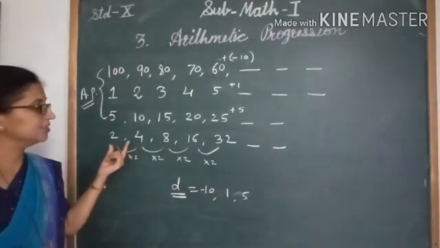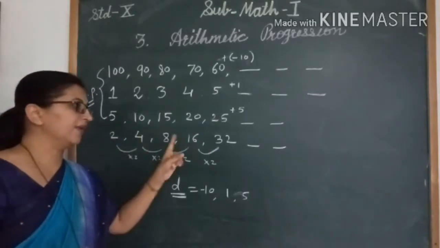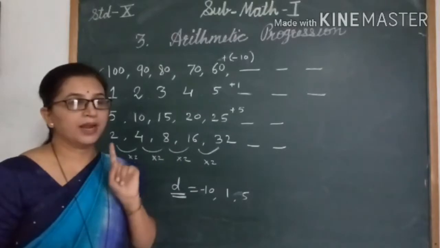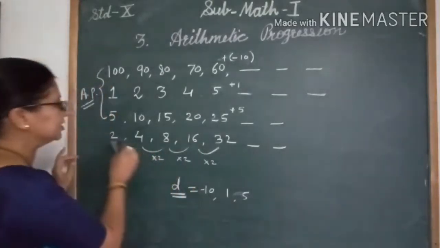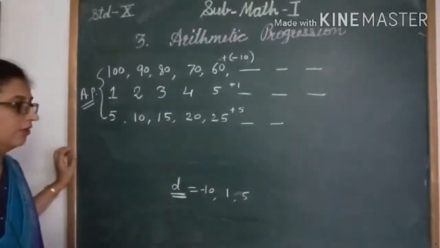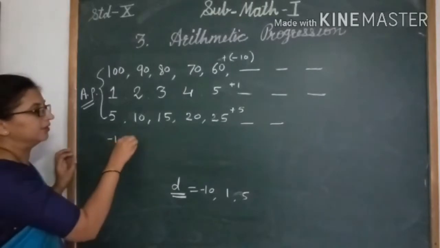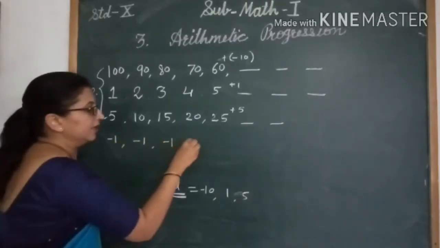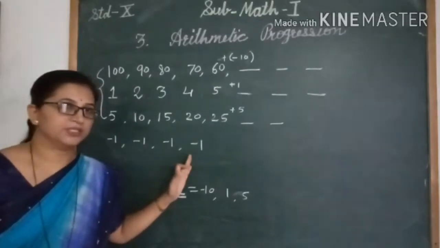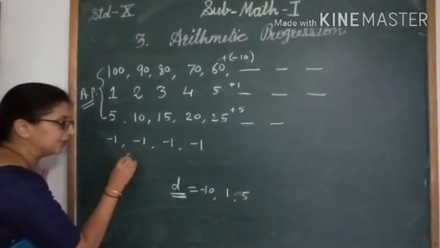Now this one is not an arithmetic progression, because here we get the next term by multiplying by 2 and not by adding. Now if we say negative 1, negative 1, negative 1, negative 1, we can also call this an arithmetic progression, because the number added is 0.